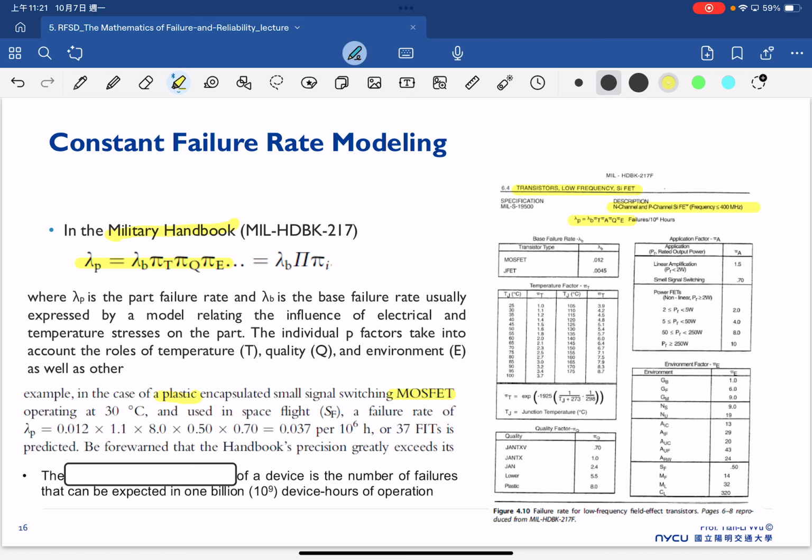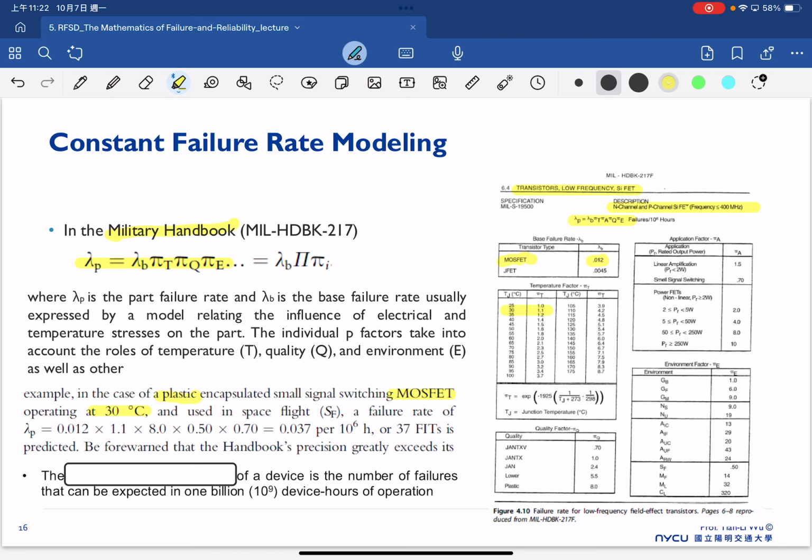The first one is the MOSFET, which gives us lambda B, the basic failure rate. At 30 degrees Celsius, let's look at the table where 30 is here.